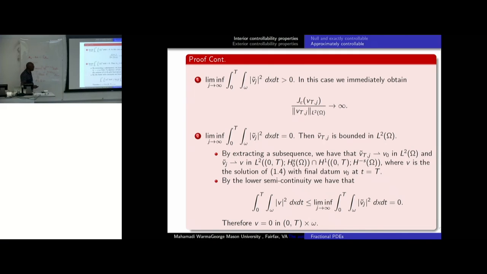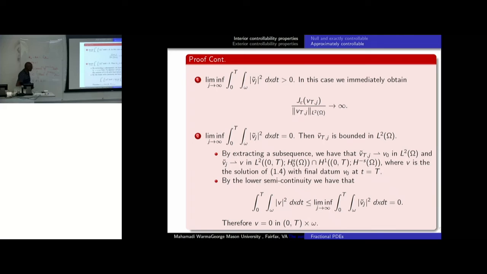Now, if the liminf is 0, then this means that the sequence v tilde tj is a bounded sequence in L2. Then by taking a subsequence, we can suppose that it converges weakly to a function v sub 0 in L2.